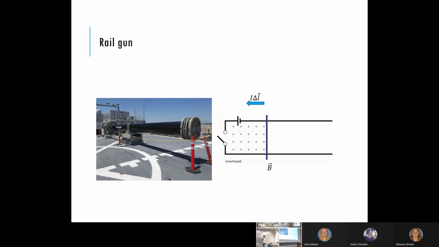What direction should the force be? Remembering that current's running up through that bar. Don't forget that. Current's running in this direction through that bar. So what direction is the force acting on that bar due to the magnetic field of the other three segments?